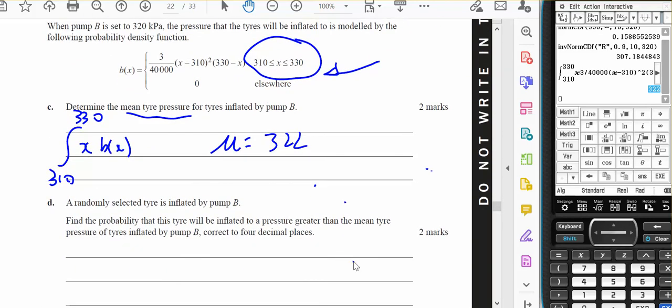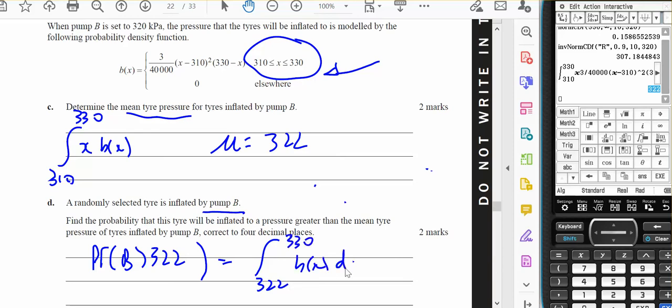A randomly selected tyre is inflated by pump B. Find the probability this tyre will be inflated to a pressure greater than the mean, so the probability that B is bigger than 322. Okay, so let's go into the integral from 322 to 330 of b of x dx.